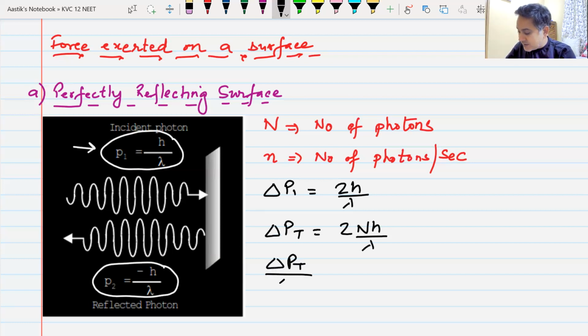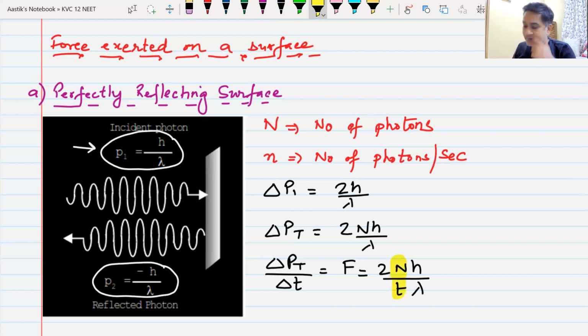Change in momentum divided by time becomes my force. So the force is 2Nh by t lambda. This N by t, capital N by t, becomes small n, so it becomes 2 times small n h by lambda.